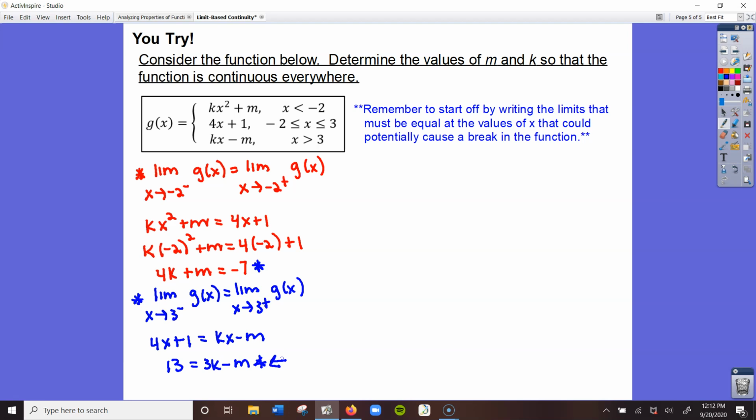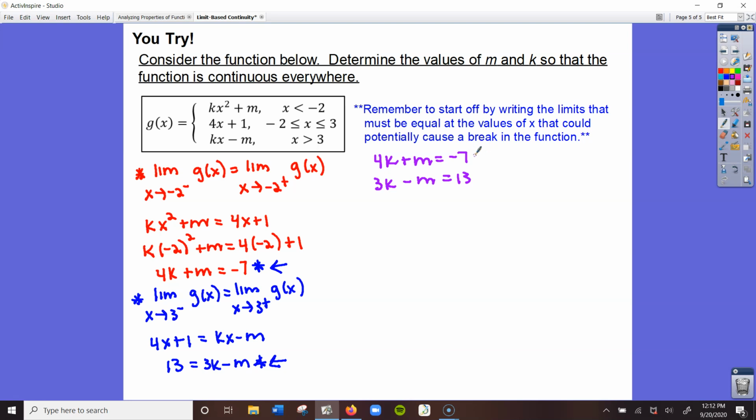Now that you have your two equations, in order to solve for k and m, you can go ahead and set up your system. When you write out your systems, you always want to make sure that your variables are lined up. So I'm going to write this first equation, 4k plus m equals -7. And the second equation I'm writing as 3k minus m is equal to 13.